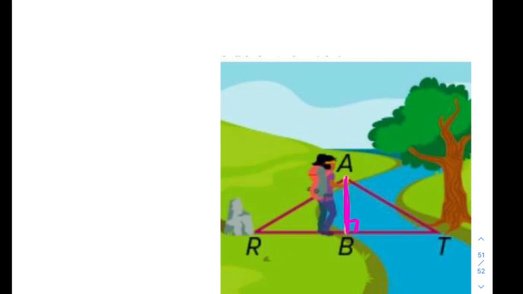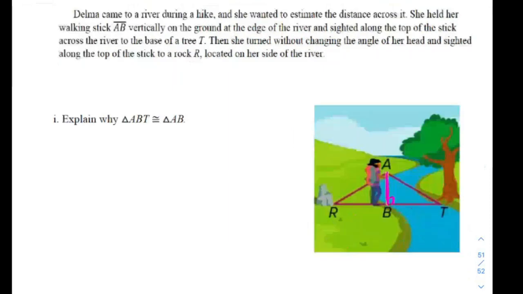She sighted along the top of the stick across the river to the base of a tree T. Then she turned without changing the angle of her head and sighted along the top of the stick to a rock located at her side of the river. Question: explain why triangle ABT will be congruent to triangle ABR. Yes, why they are congruent.